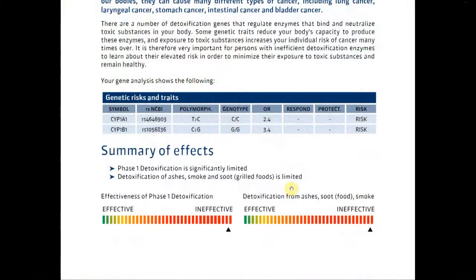In this case, both of the genes have a high odds ratio, meaning that they are defective and they increase the risk. So we have two genes that give me a risk. This one 2.4-fold and 3.4-fold. So we have around 5 to 6-fold higher risk of bad health effects from these toxins that are present in smoke, in ash, in burnt food and so on.